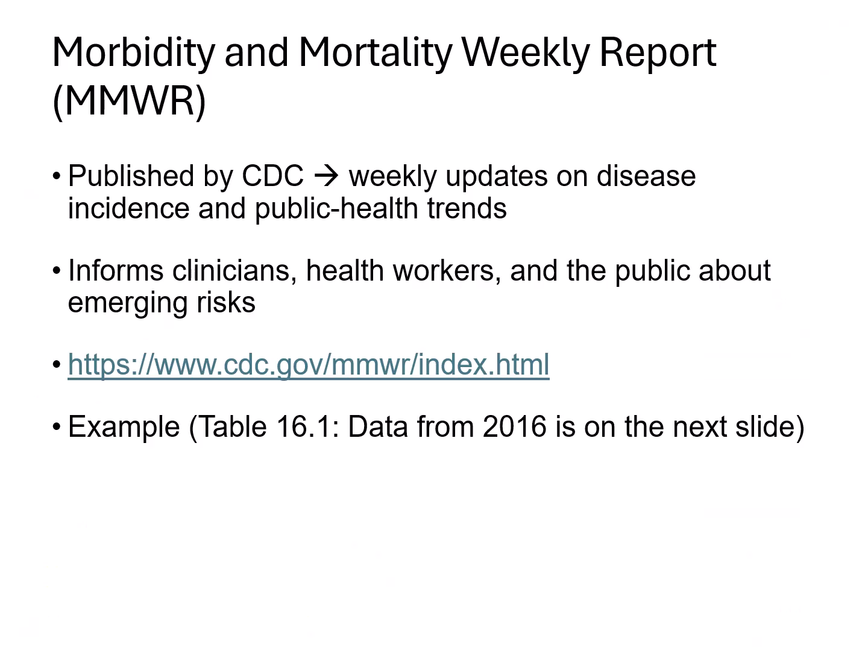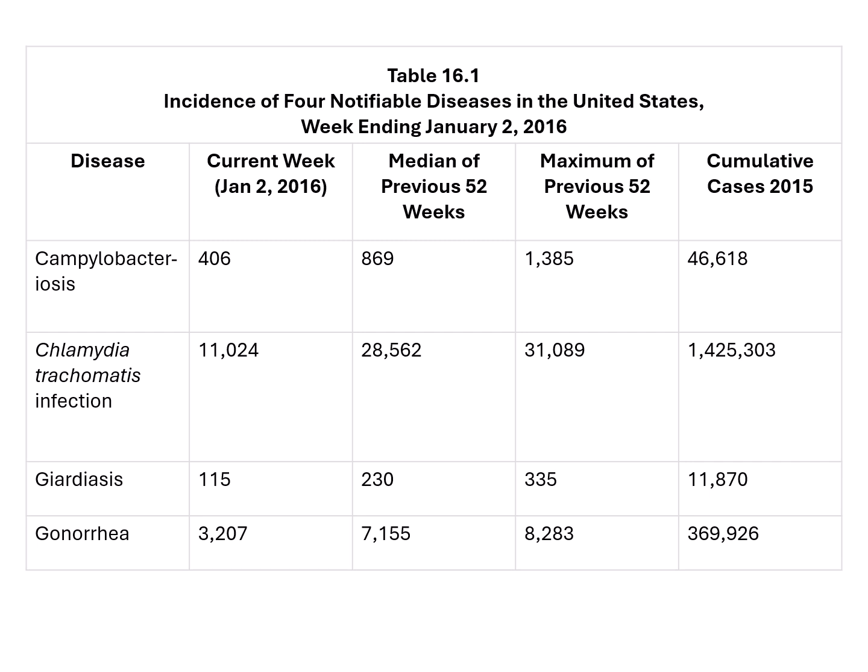The CDC also publishes weekly this Morbidity and Mortality Weekly Report. It's the CDC's major surveillance publication and provides more rapid updates so clinicians, health departments, and hospitals can respond to emerging trends. And if you're interested, I provided the link here to explore further. And this table from our book shows incidence trends from January 2016.